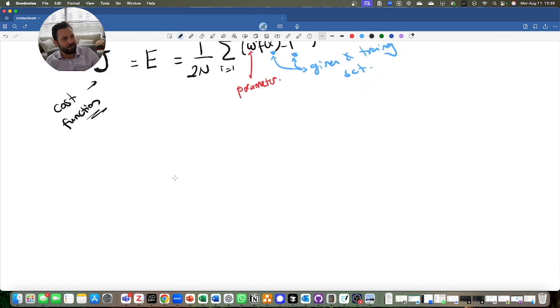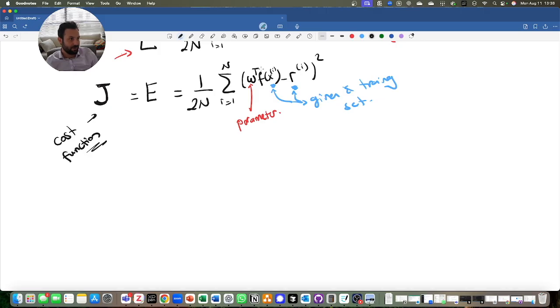But before I move on to how to minimize this and how to learn the set of parameters, I would like to invite you to think of it like this. In the beginning, we have our data set, the X of n and R of i's. Assume that in the H space, H1, H2, I can go ahead and place all of my data points here.